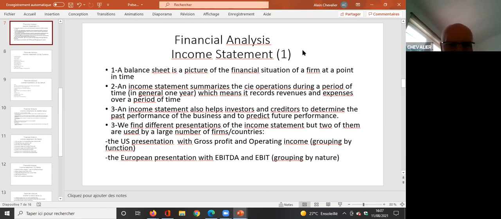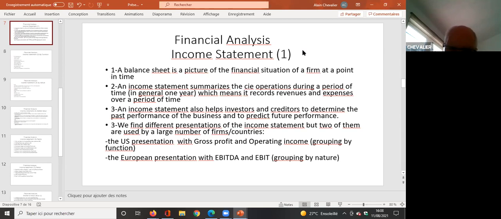So you have a first slide, and I hope you read the first line because it's called income statement 1. And the first point here is what is an income statement compared to a balance sheet? The balance sheet is a kind of picture of the financial situation of the firm at a point in time.